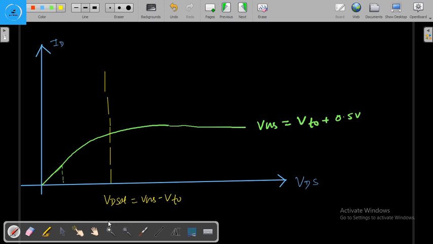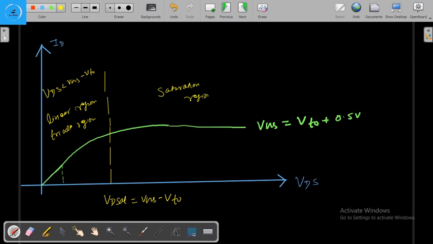So this is the region where the VDS is less than VGS minus VT naught. This is the linear region of operation, or we can say triode region, and this is the saturation region of operation.